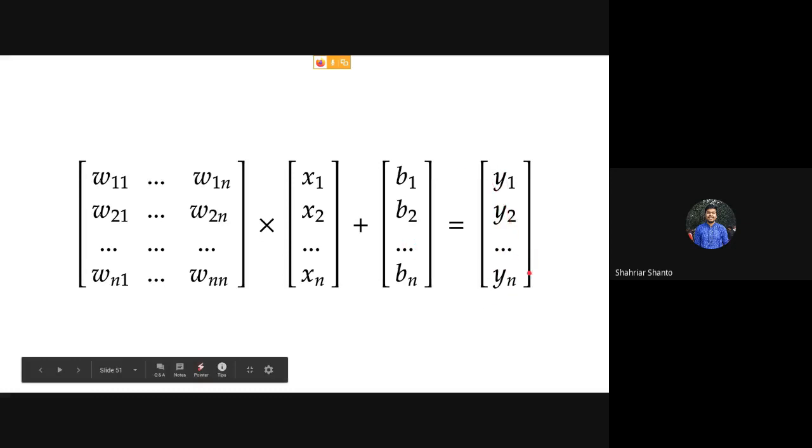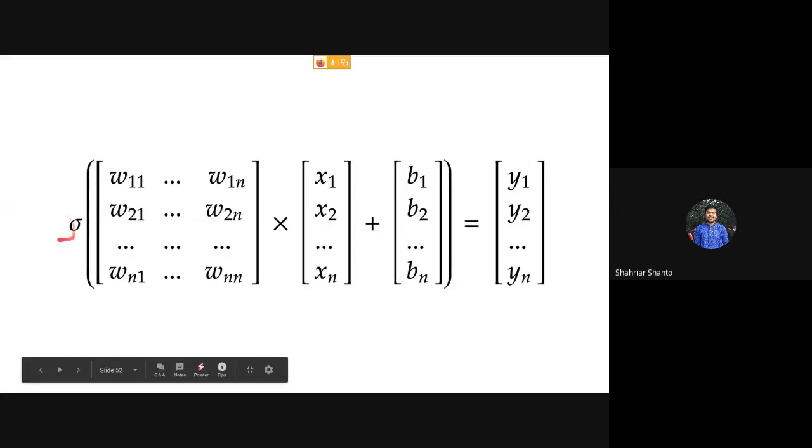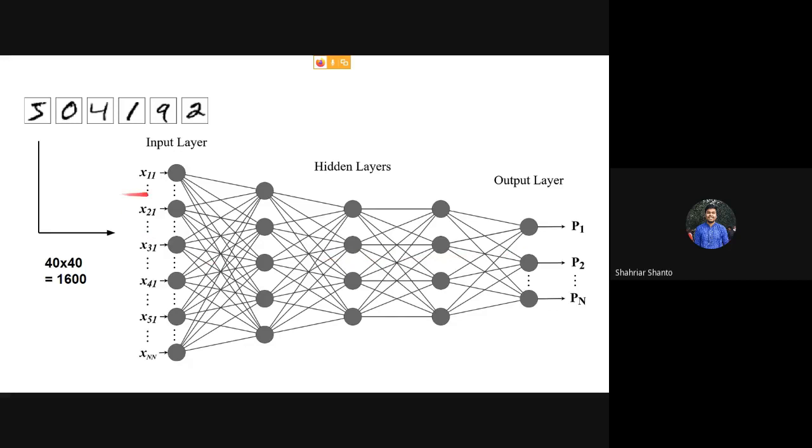We do that for each layer, and don't forget the activation function that is applied to all the values. So we get the values in the first layer. I will not go deeper than that, but I will finish it off with a simple example.